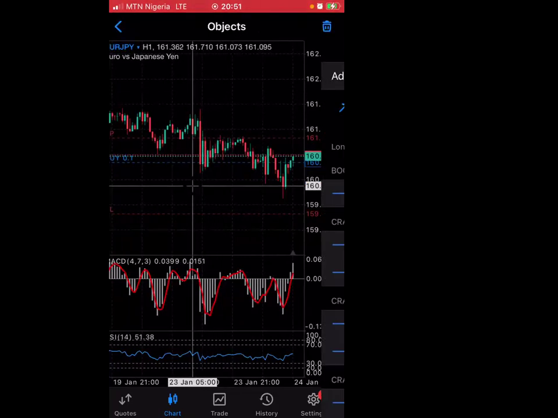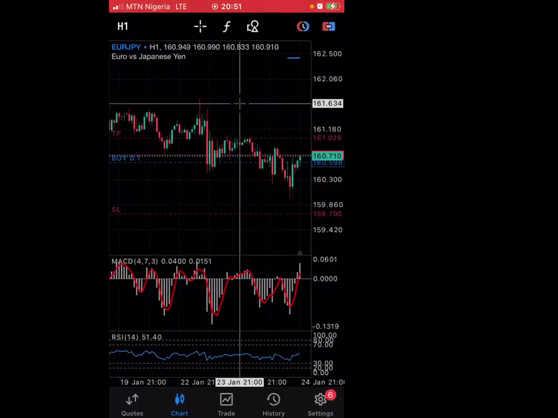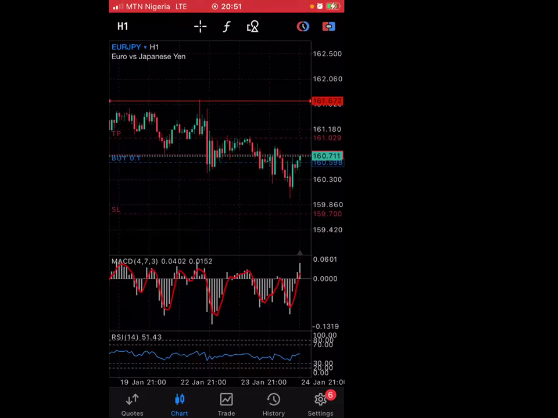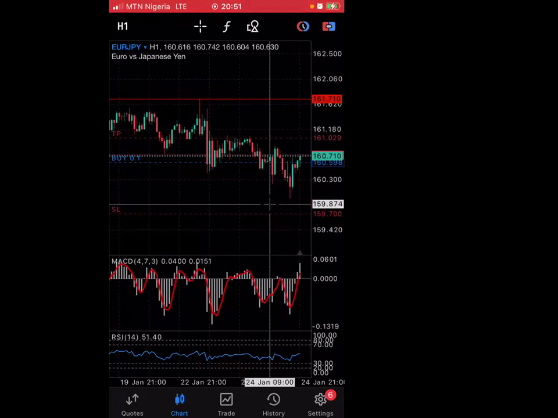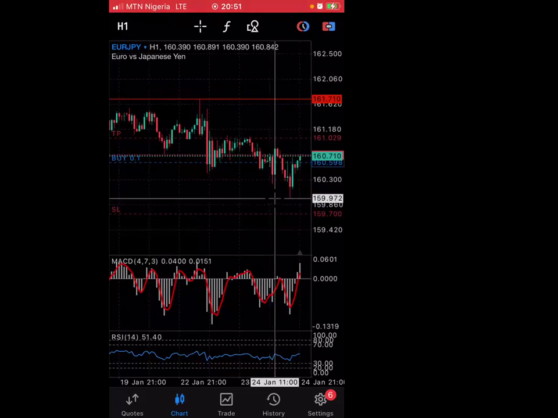I can decide to put a horizontal line there as a high, and then there is a low point here. This point down here is the lowest point we can see on my chart.